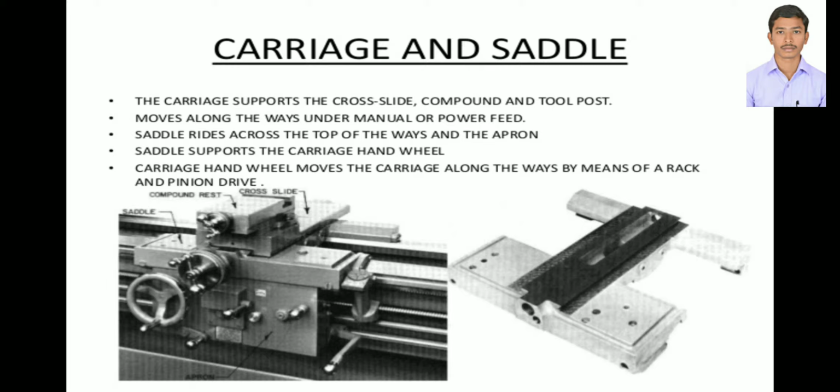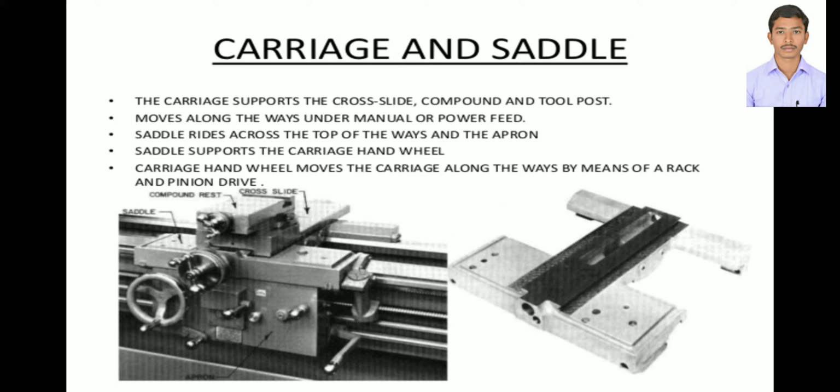Mainly the carriage is used to slide the tool post in forward and backward direction of the lathe machine, and the tool post is used to perform angles on the workpiece. The carriage should move along the ways under manual or power feed.